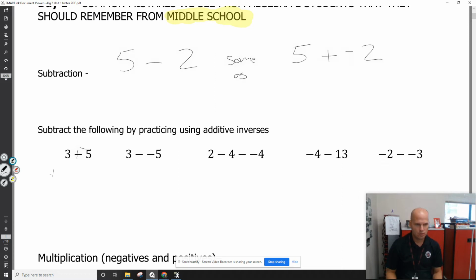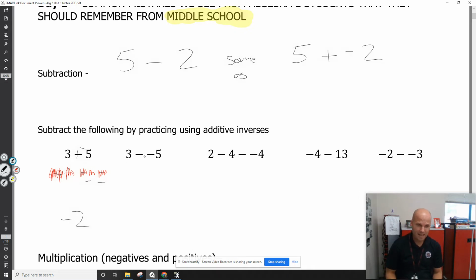With 3 positives and 5 negatives, every single plus and minus combination creates a 0. So all 3 of the pluses go away and 3 of the minuses go away, leaving you with -2. We have 2 more negatives than we have positives.